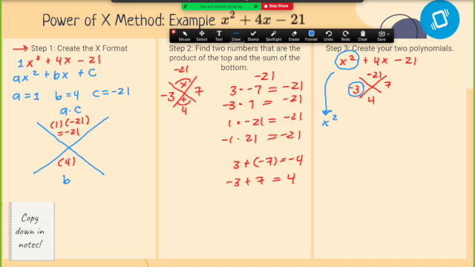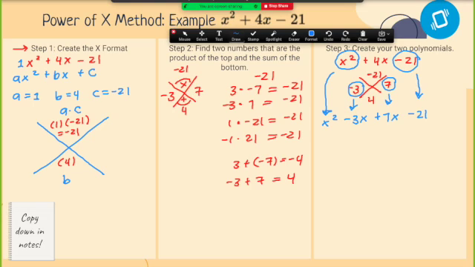Next is whatever is on the left side of my x, which was negative 3, and I need to make sure that I also multiply this negative 3 with an x. Over here I have positive 7, bringing that down and multiplying it with x, and then I'm also going to bring down the negative 21.